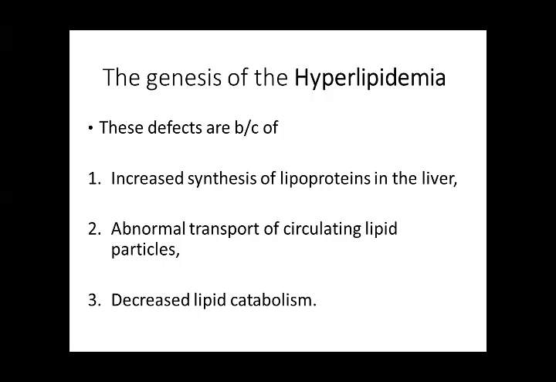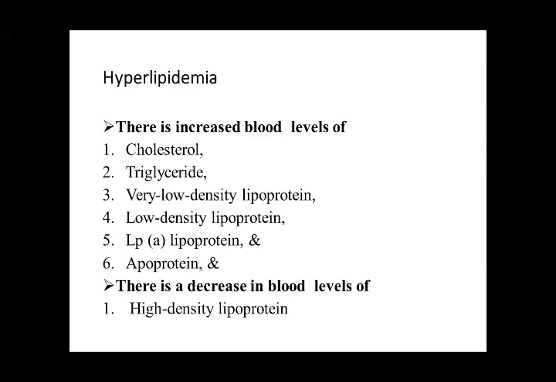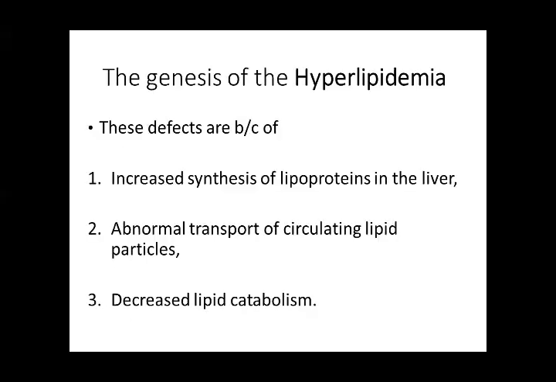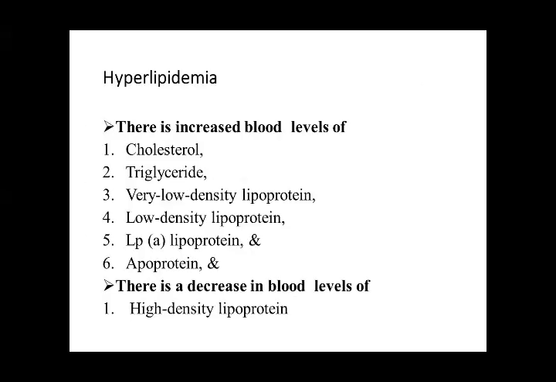Increased synthesis of lipoproteins is because they accompany the protein synthesis. So there was increased lipid production as well, abnormal transport of circulating lipid particles, and then there is a decrease in lipid catabolism because lipid catabolic pathways are also saturated.